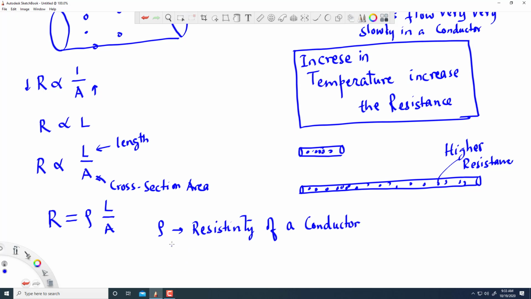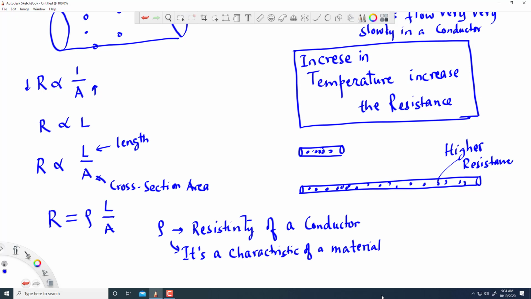and it depends on different materials. It's a characteristic of a material, meaning different materials have different values of resistivity. For example, gold and silver have very, very low resistivity. There is very small resistance for gold and silver, whereas for iron, the resistivity is higher compared to that of gold.